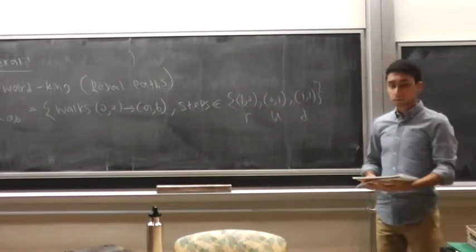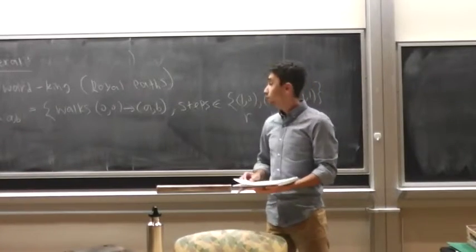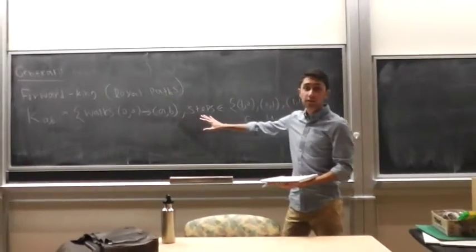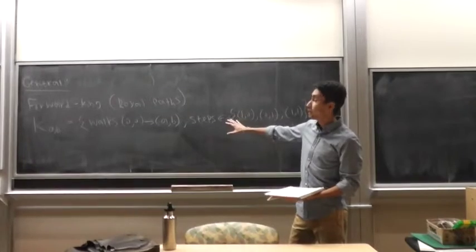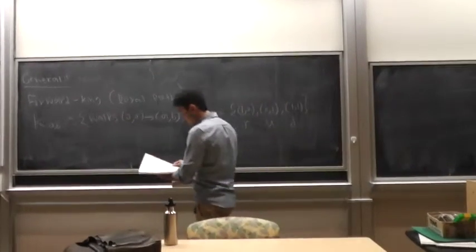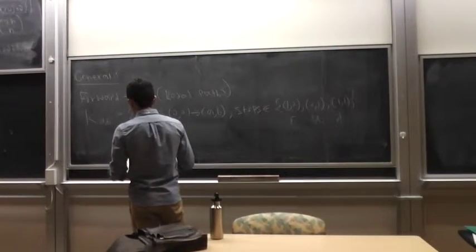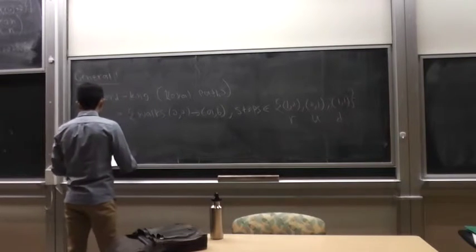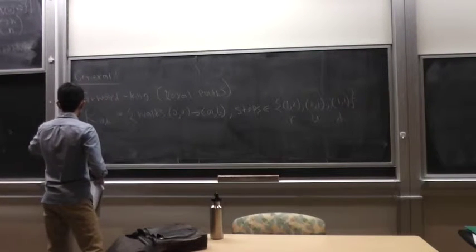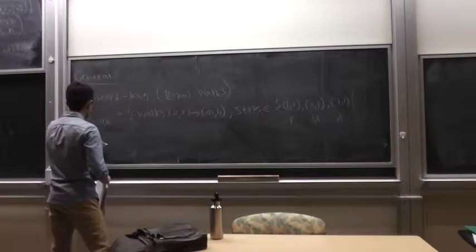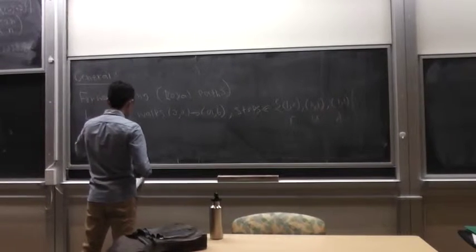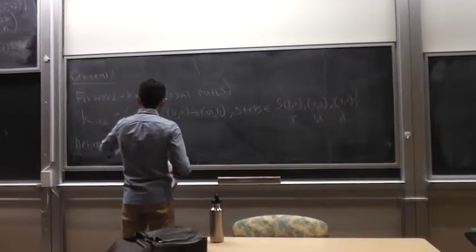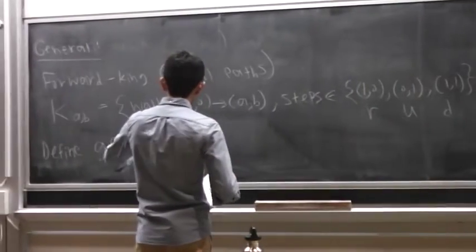Because there's still symmetry in this case, people study this, and it turns out in this case we can find the generating function. So let's define a generating function F_E(z,t).